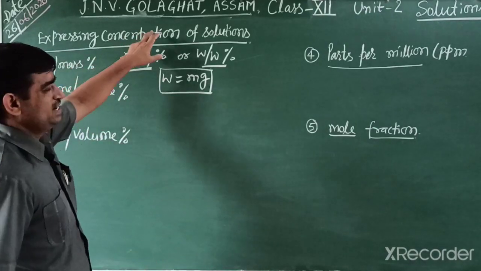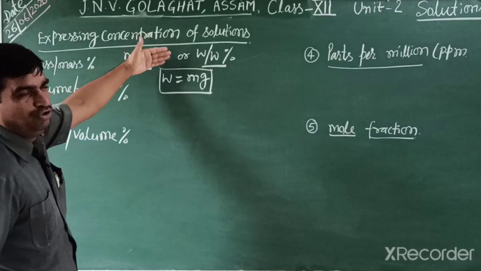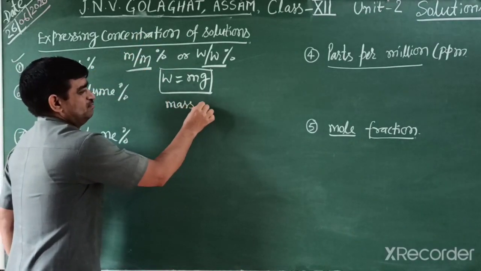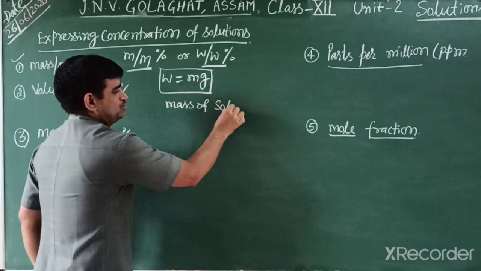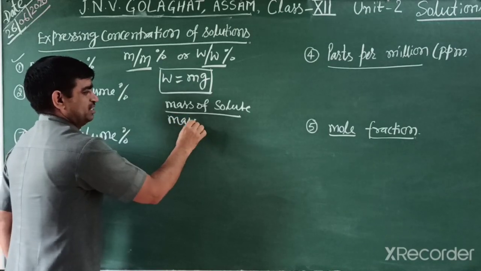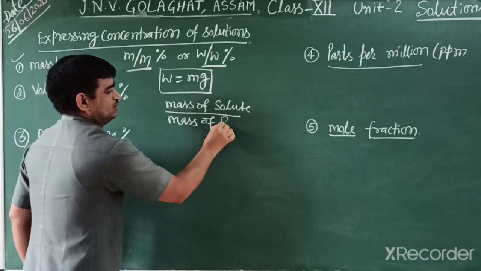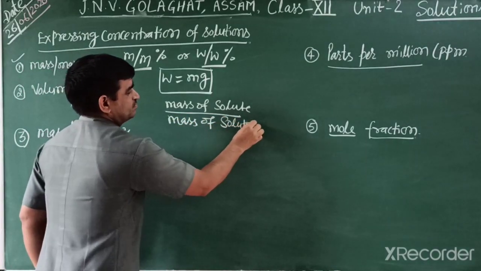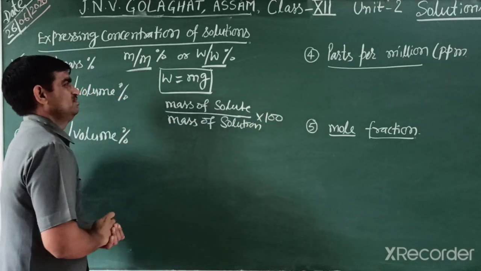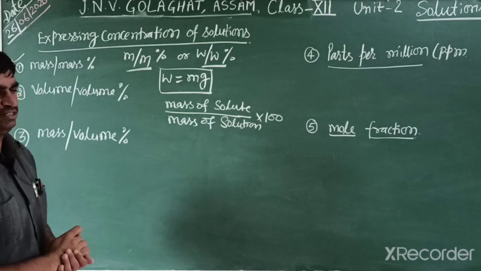So how can we write mass of the solute? You can write it this way: mass of solute divided by mass of solution, multiplied by 100. In this way, we can find out the mass by mass percent.